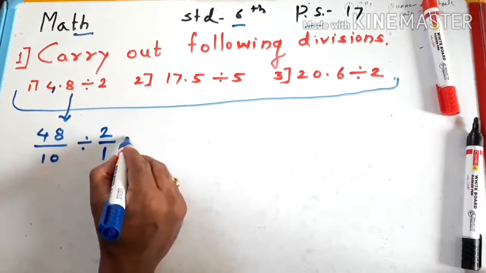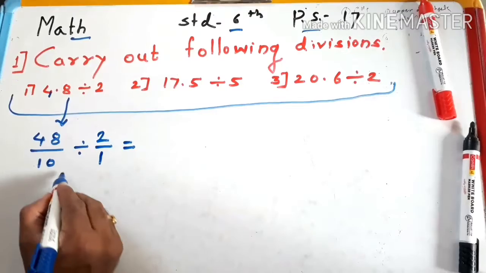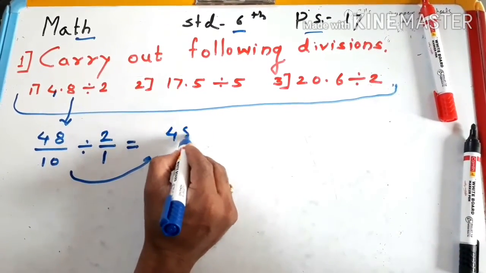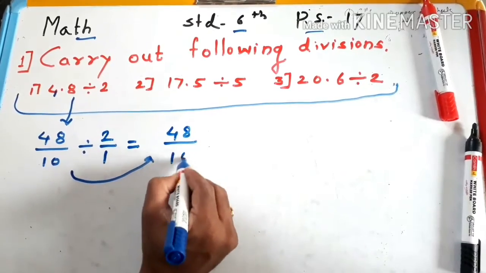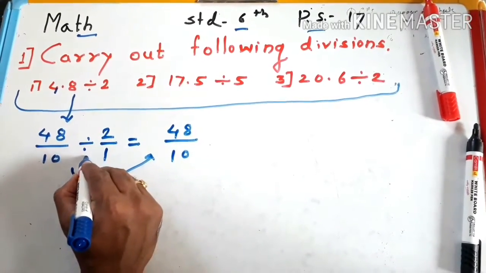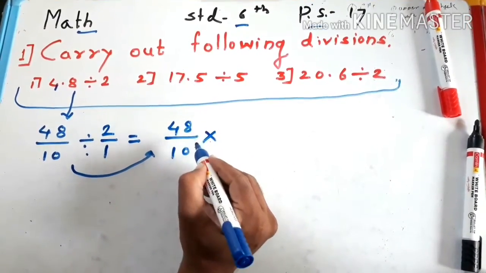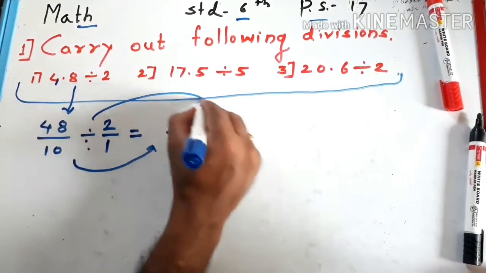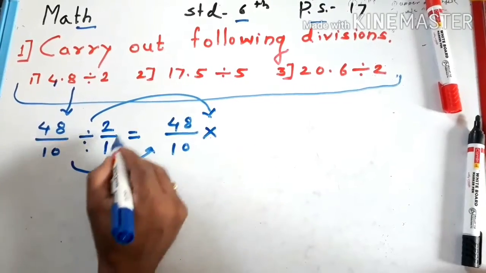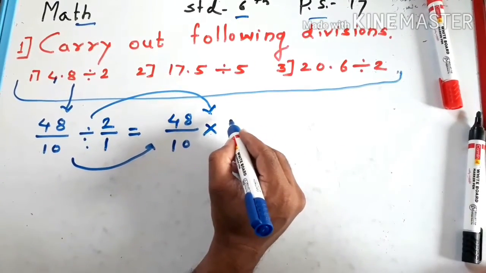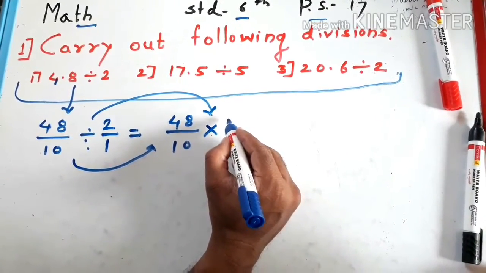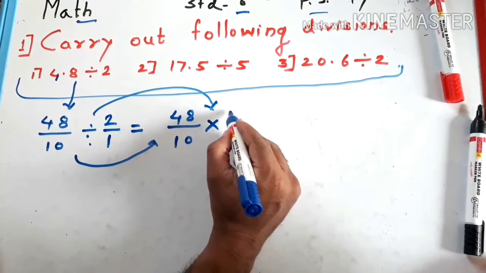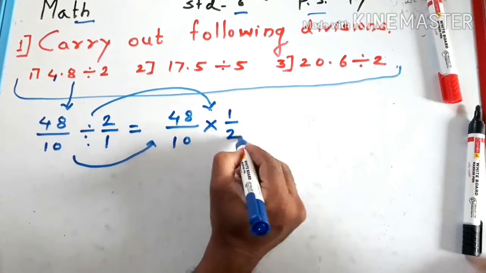So again it is converted like this: 48 by 10 multiplied by, when divided by is converted into multiplied by, the numerator and denominator change places, which we call the reciprocal. So it is like this.